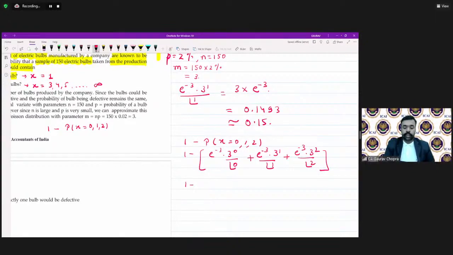So what is common here? e to the power of minus 3 is common. So we are getting 1 plus 3 plus 4.5.